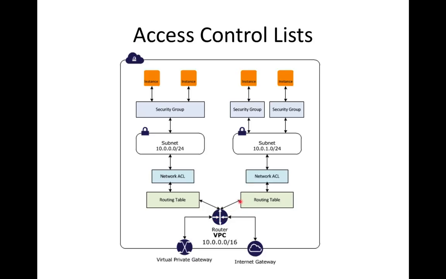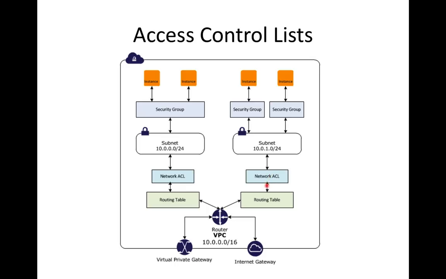This router is going to determine where to send the data based upon the routing tables that are in place in the VPC. Once the routing table determines that the traffic is going to go to subnet 1, the traffic is filtered through the network access control list associated with this subnet.